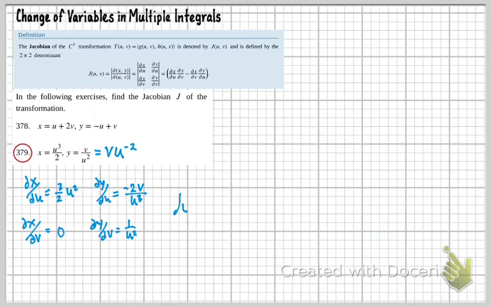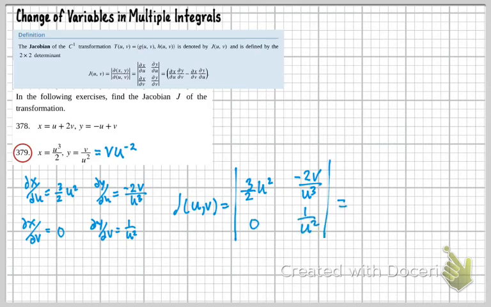So for our J(u,v), that's going to equal the determinant of 3 over 2 u squared and negative 2v over u cubed, 0 and 1 over u squared.